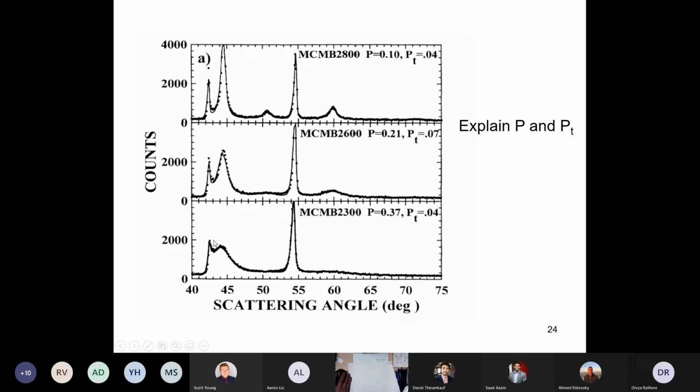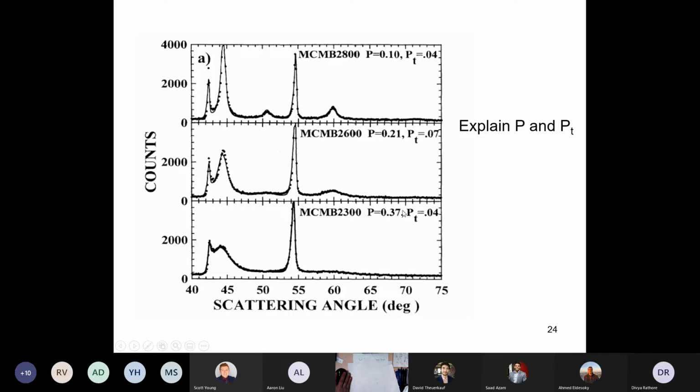So again, the dots are the data and the black line is the calculated diffraction pattern based on the parameters of the model. So this P that you see here is the probability that adjacent layers are in turbostratic misalignment.